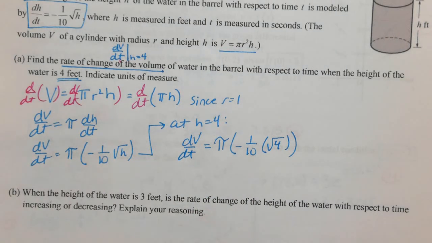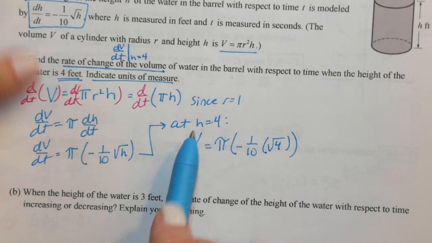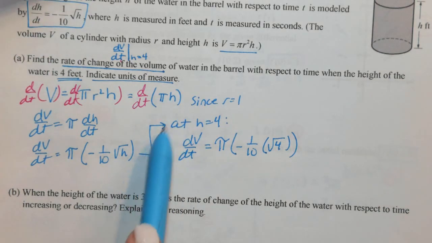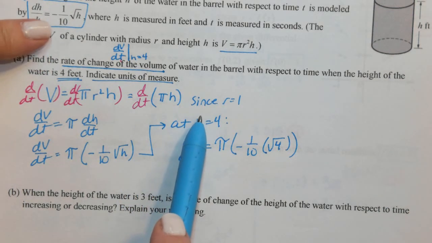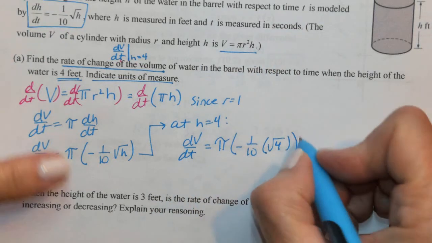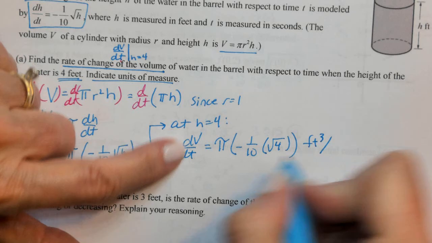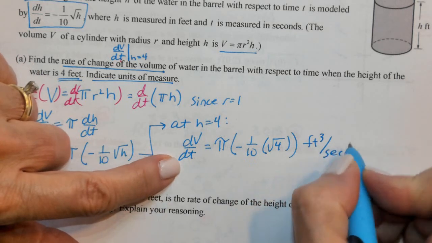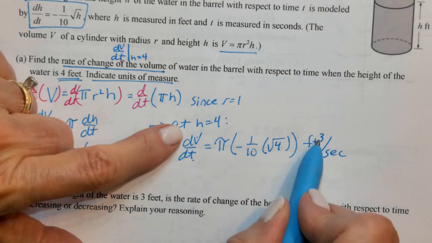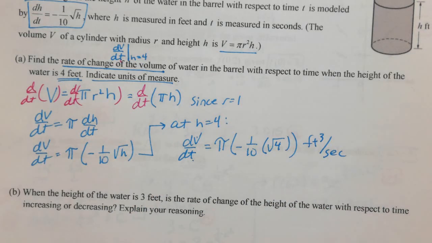And I'll say stop there, but we have to indicate units of measure. So let's see. Feet and seconds. V is in feet cubed, t is in seconds, so V over t is feet cubed over seconds. All right?